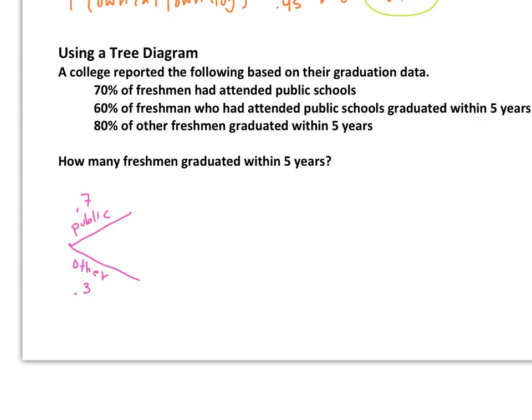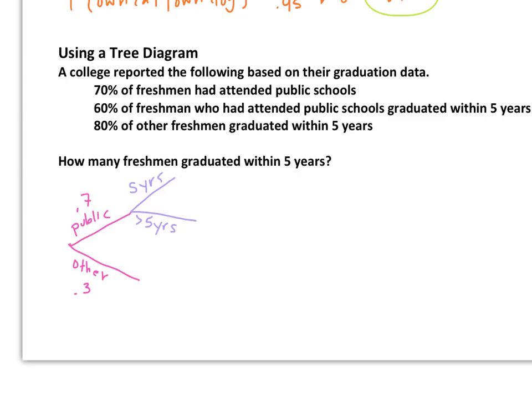All right, now, out of these, we have 60% of freshmen who attended public school graduated within 5 years. So we're on this public school branch here. And off of this public school branch, we have that they either graduated within 5 years or it took them greater than 5 years.